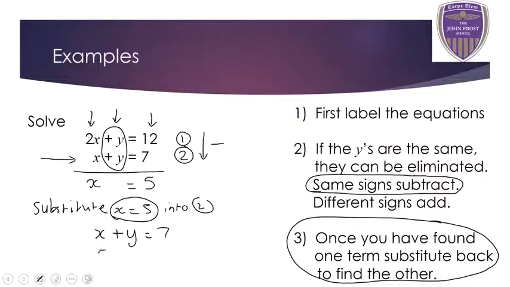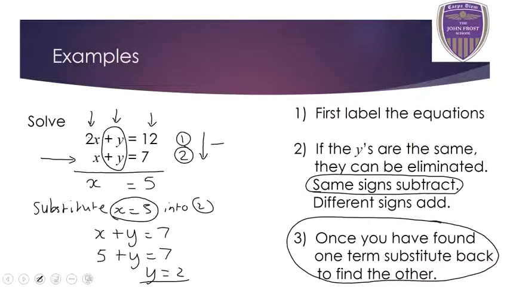We replace x with 5 and find what y is from the resulting equation. So 5 add what will give me 7? We should all know that 5 add 2 equals 7, so therefore y will equal 2.